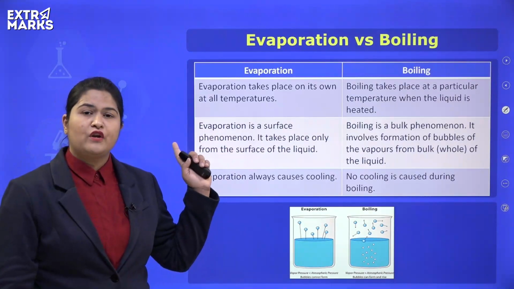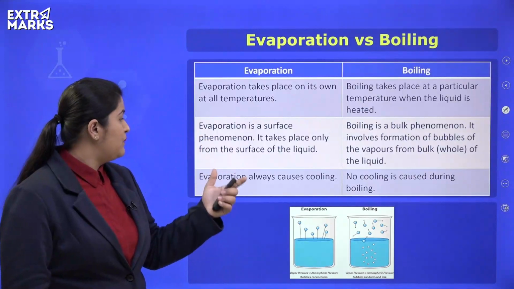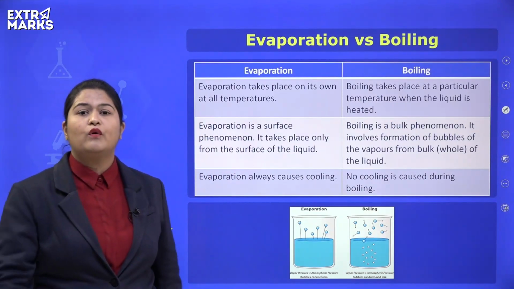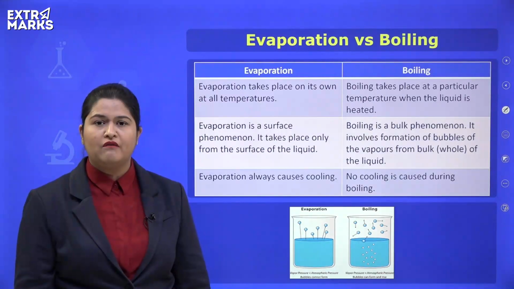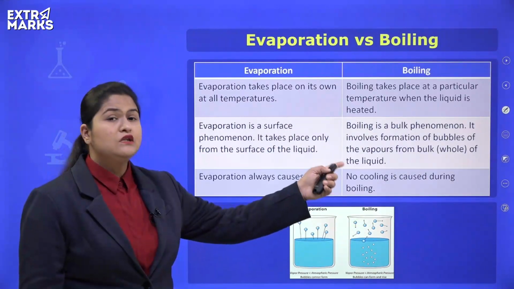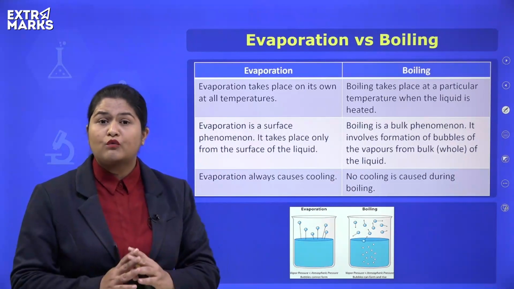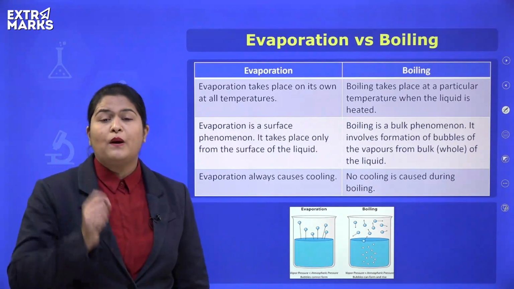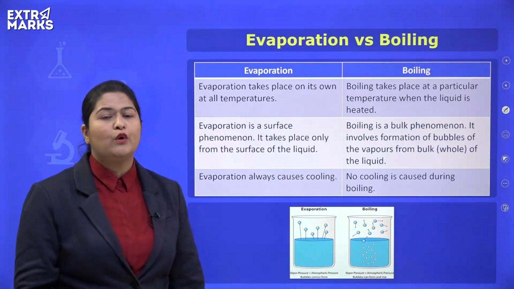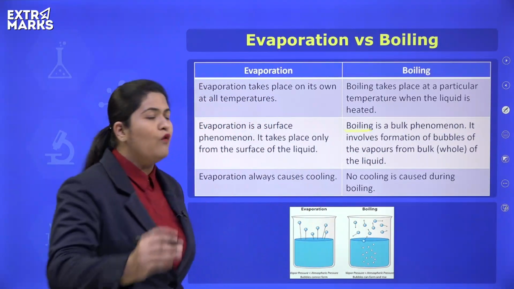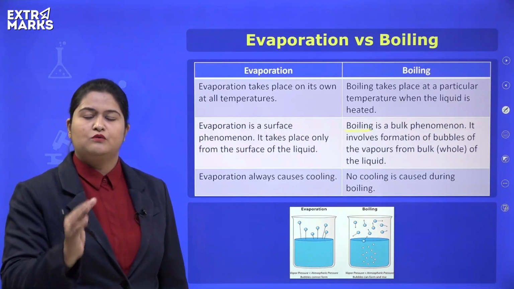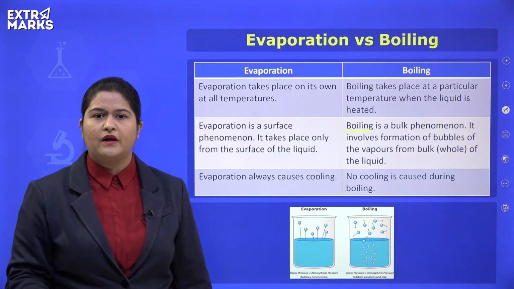Evaporation is a surface phenomenon. That means it takes place only from the surface of the liquid. Only the particles present on the surface of the liquid will participate in evaporation, and the particles present in the bulk will not. Such particles present in the bulk of the liquid participate in the process of boiling. So, boiling involves all the particles, be it surface particles or bulk particles.